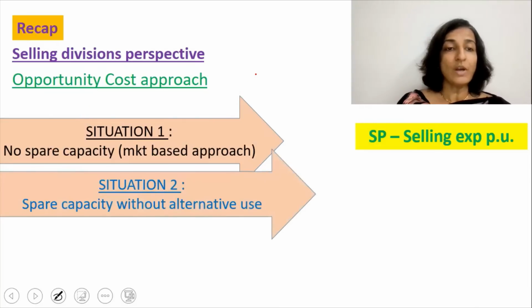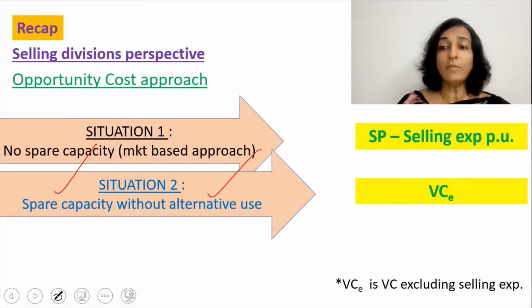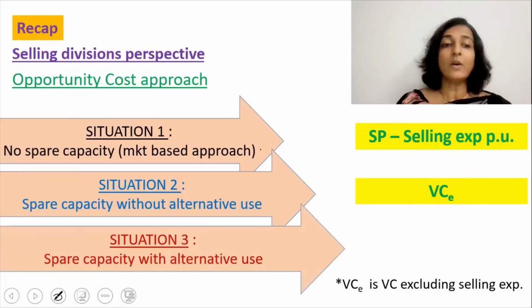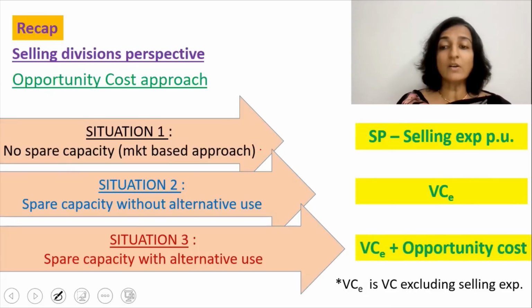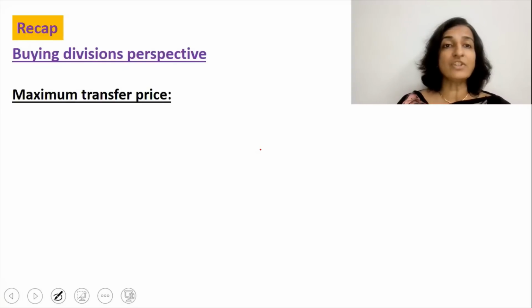In situation 2, where there is spare capacity without alternative use, it is variable cost excluding selling expenses. And in situation 3, where there is spare capacity with alternative use, it is variable cost excluding selling expenses plus the opportunity cost.